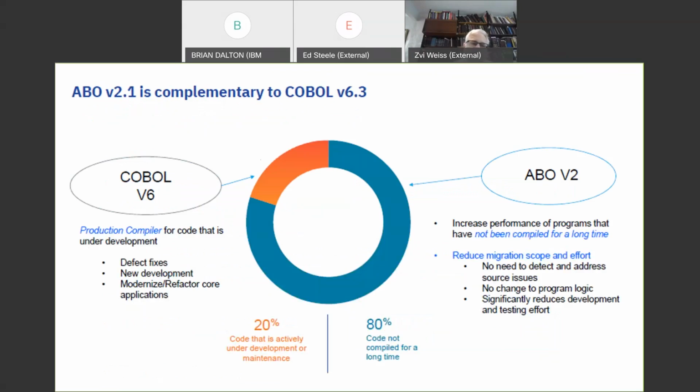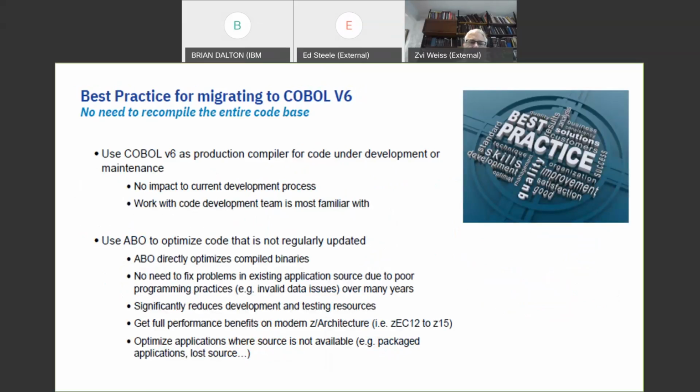You can see what we mentioned earlier, ABO works with COBOL 6. Ideally, you should try to migrate to COBOL 6. Where you cannot do so because you're not on PDSE yet, or you don't have the source code, or you don't have the time, that's where you can use ABO. And for best practices for migrating to COBOL version 6, you can use them together.